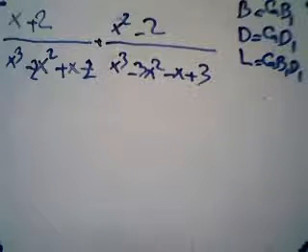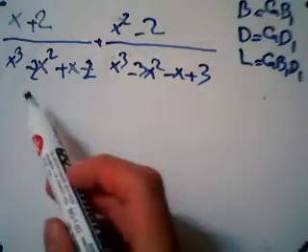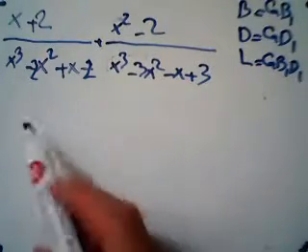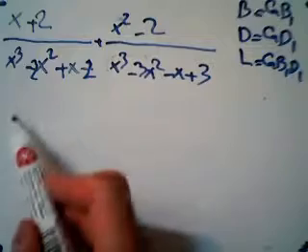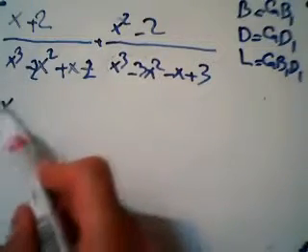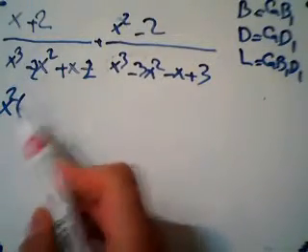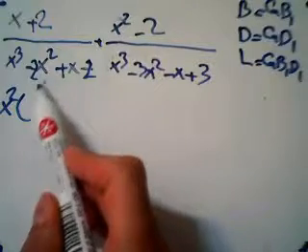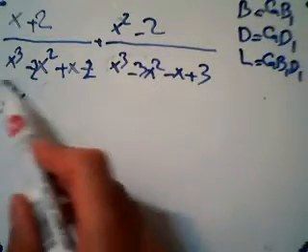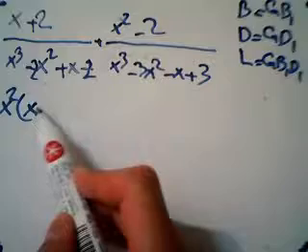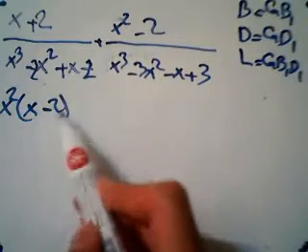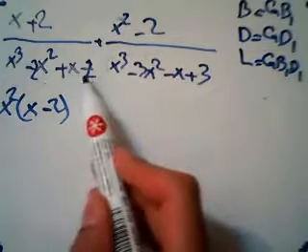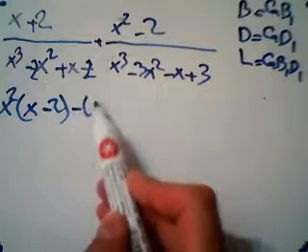We could use the linear combinations method, but we could easily factor the denominators. This is x squared. If we take x squared outside of these two, this is x squared times x minus 2, and this is minus x minus 2.